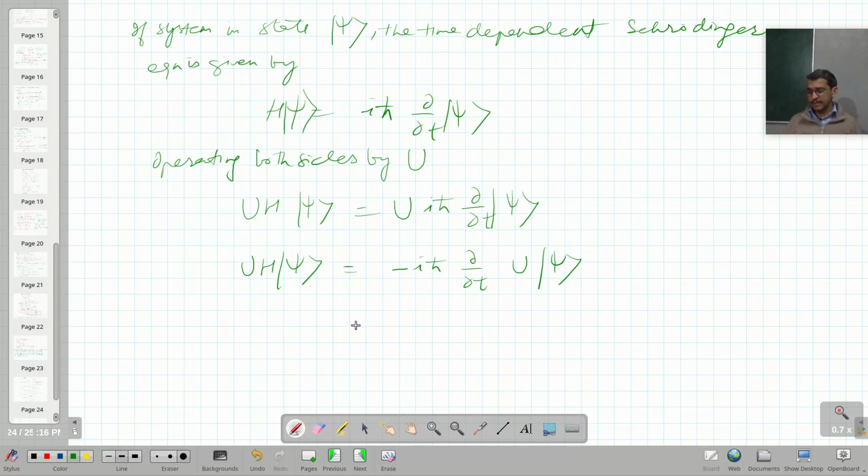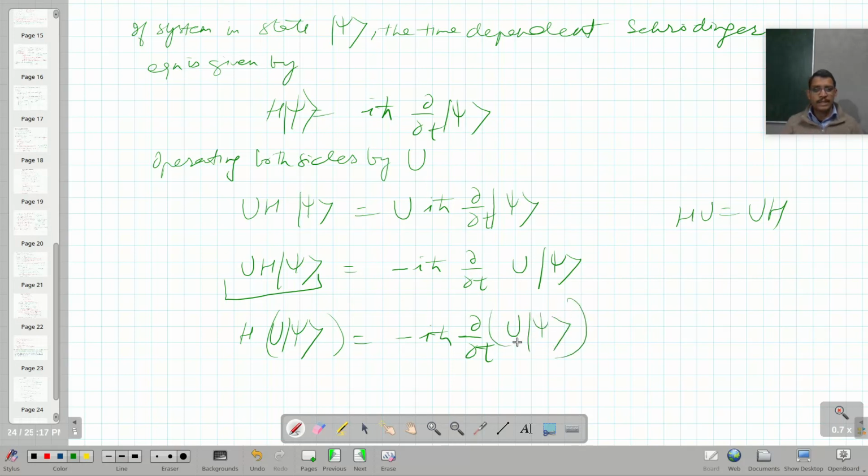Right? So as we know that HU is equal to UH, this can be written as HU psi. So HU psi is equal to minus iota h cross del over del t U psi. We can write it in this way, right?